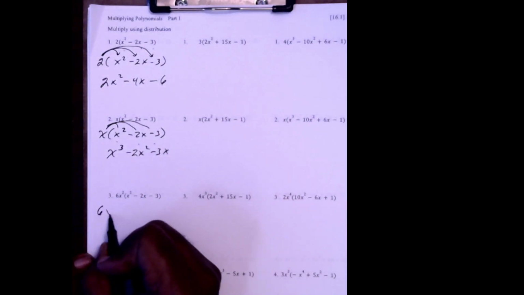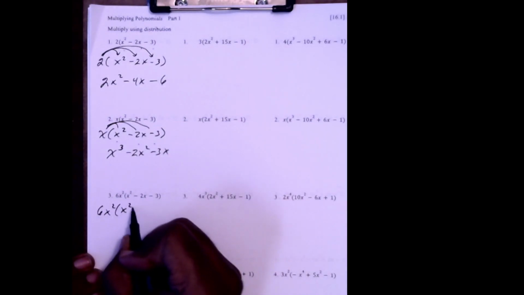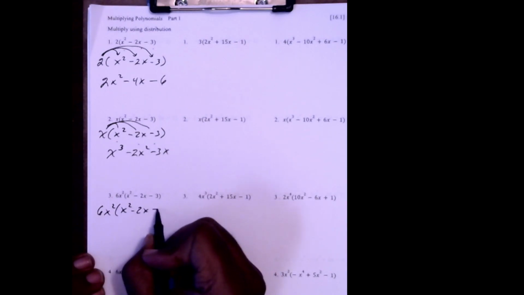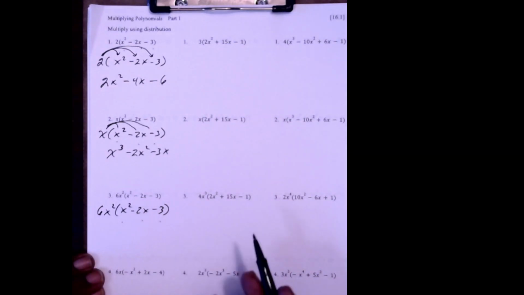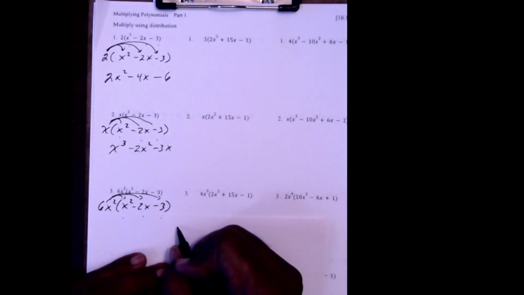Okay, next we have a 6x squared multiplied with an x squared, a negative 2x, and a minus 3. So we have 3 terms here, so that means we have 3 distributions. Here, here, and there. Let's take a look at each of those products. First, we're going to have a 6x squared multiplied with an x squared.